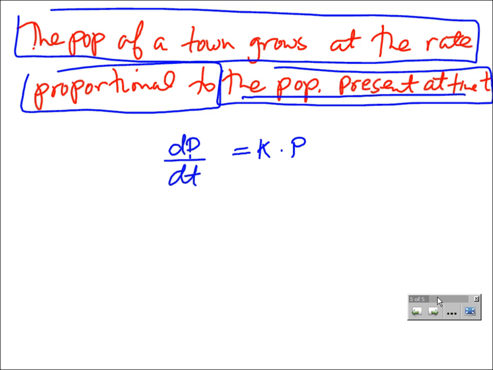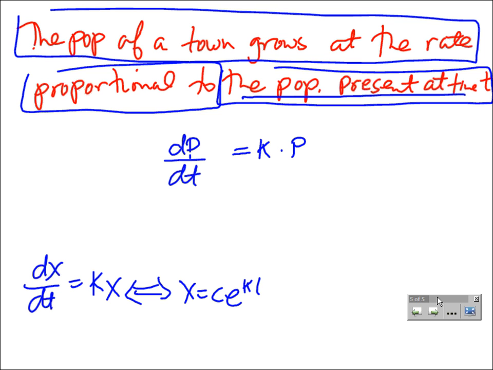But we know this. Before, when I used x's and t's, I said that if dx/dt is equal to kx, that's the same as x is c e to the kt.